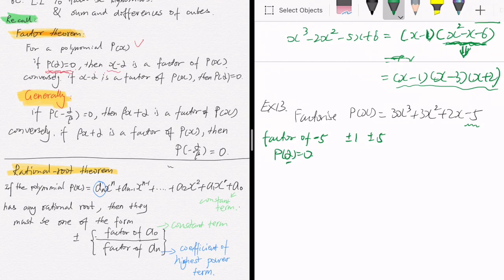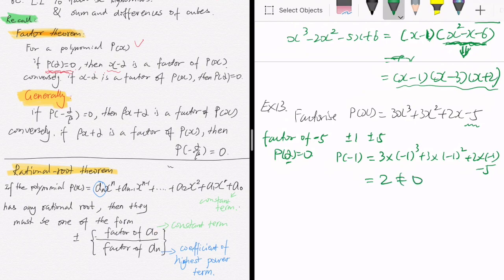So we're looking for that alpha. So let's try negative 1. If you try negative 1, then you will have 3 times negative 1 cubed plus 3 times negative 1 squared plus 2 times negative 1 minus 5. Then you'll get negative 7, I suppose. Then it's definitely not equal to 0.